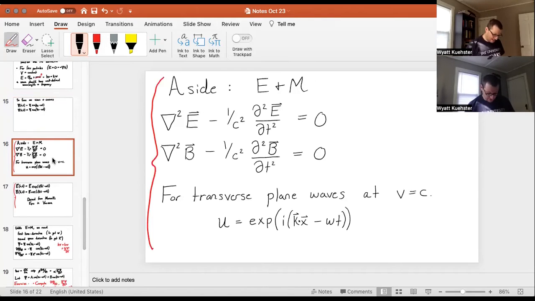Just a little aside about the equivalent thing we do in electromagnetism. You use Maxwell's equations to get the wave equation for electromagnetism.